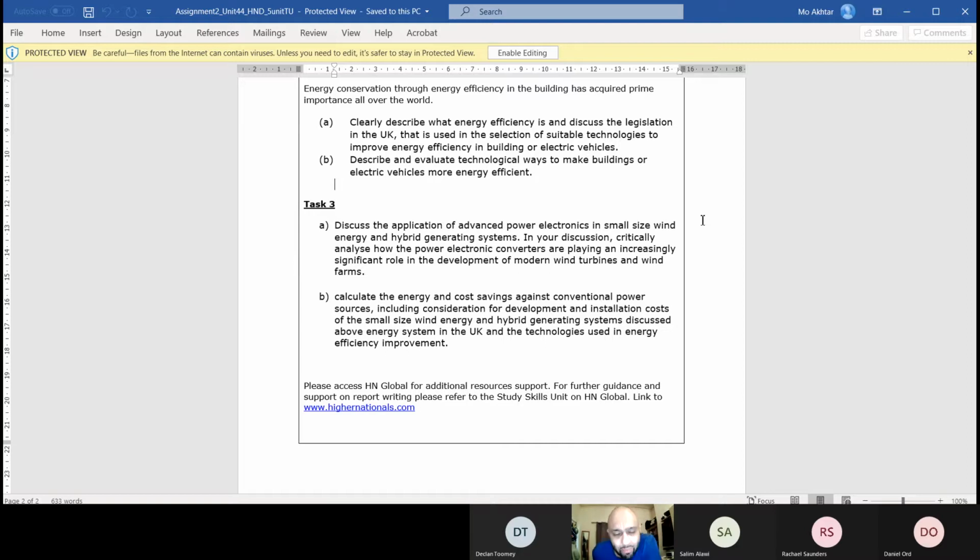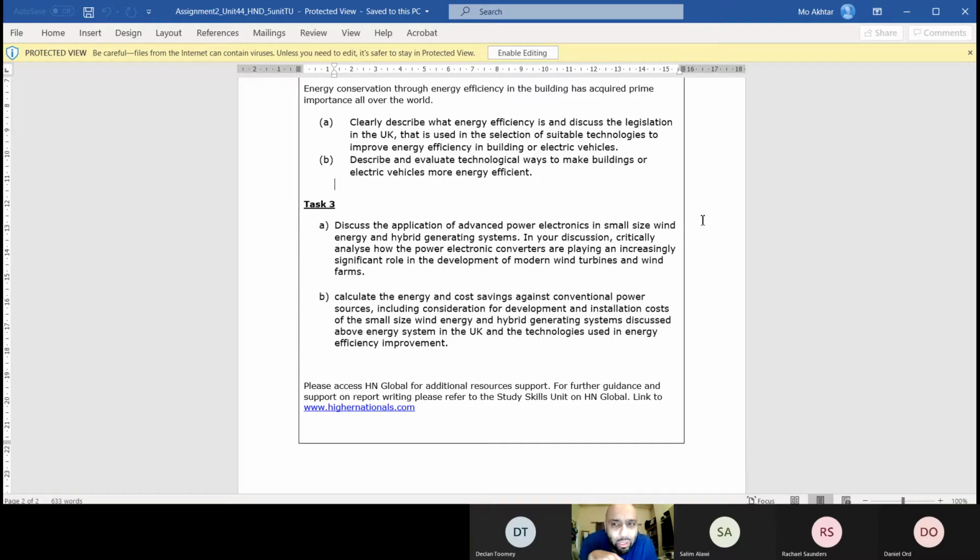So you've got converters, you've got inverters, DC converters, AC/DC inverters. You've got buck and boost circuits as well. They're used a lot in power electronics.